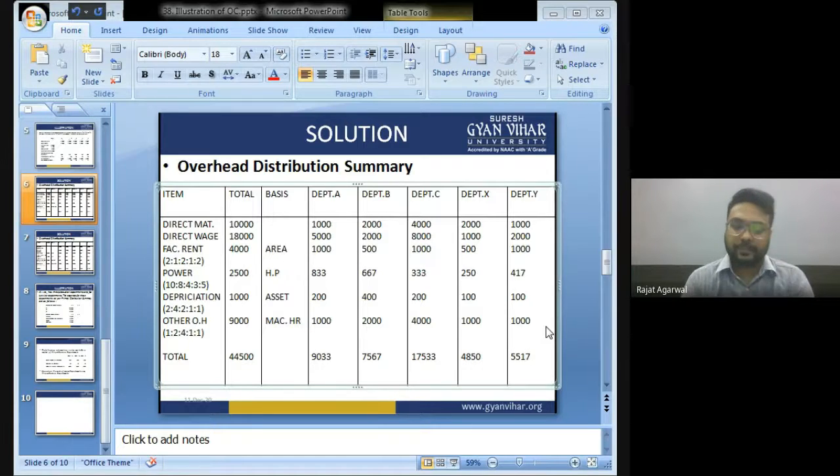So total expense of department A is 9,033. Total expense of department B is 7,567. Total expense of department C is 17,533. Total expense of service department X is 4,850, and total expense of department Y is 5,517.